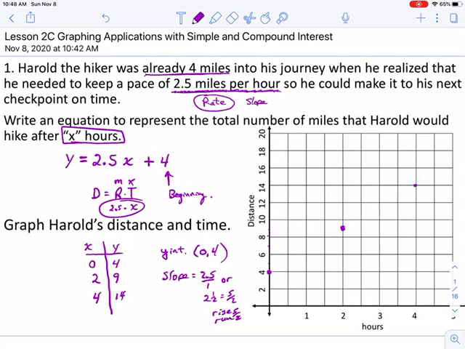So 4 and 14, and hopefully that'll be on that same line. Looks like it is. And if we graph that line, nice straight line, then we'll have the graph of Harold's hiking starting at the 4 mile mark at 2.5 miles per hour.